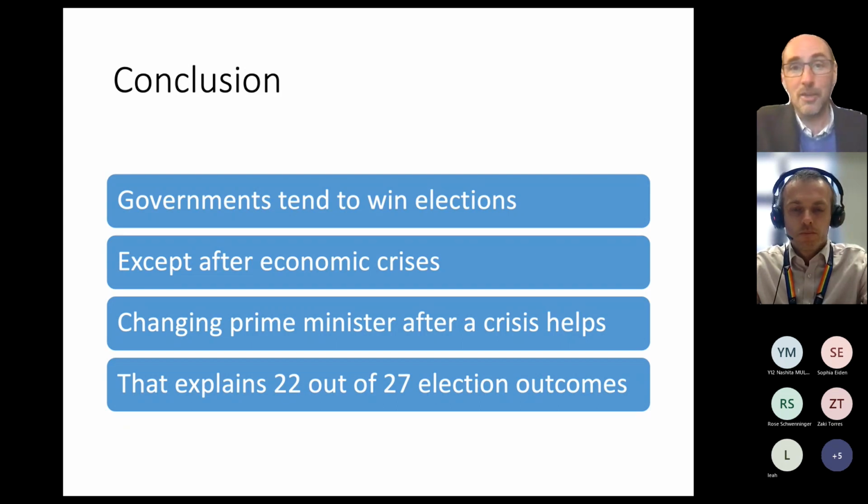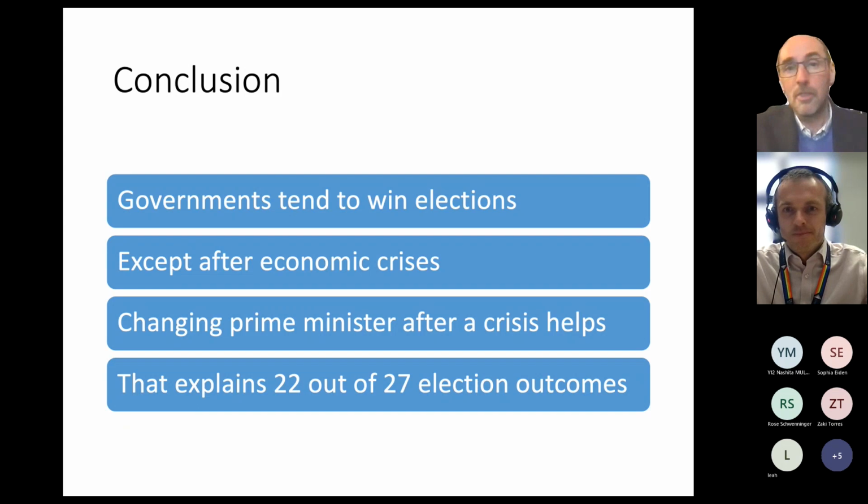So if you look at the political forecasting models based on macroeconomic variables, they have had a pretty good track record in the US, and it's actually stronger there, the kind of bread and butter economic voting, than it is in the UK.